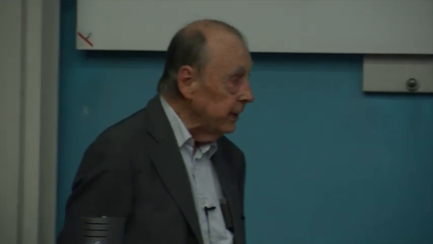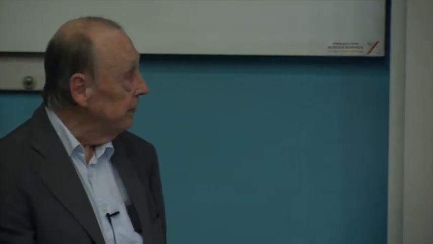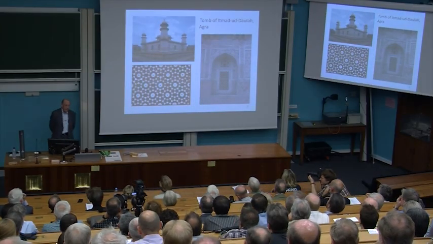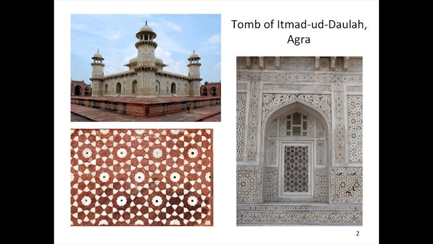It is particularly well known for its geometric patterns. My father, who was a mathematician, made a study of the patterns on this. He was very interested in them, and this was really my first introduction to the idea of mathematical symmetry. This is a very interesting pattern, as I'll explain in a moment.